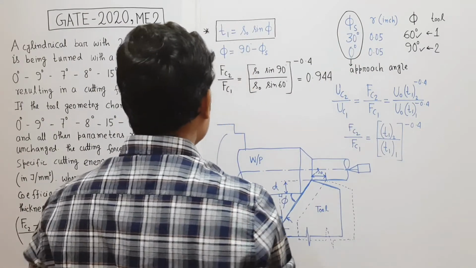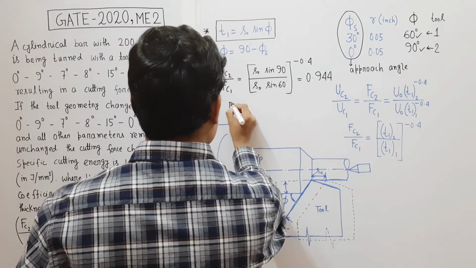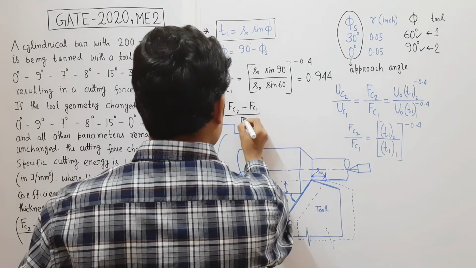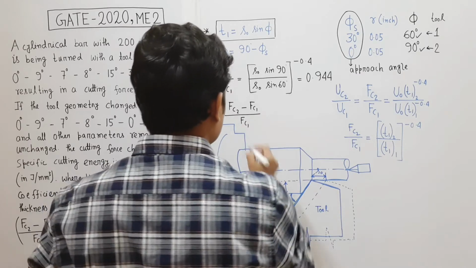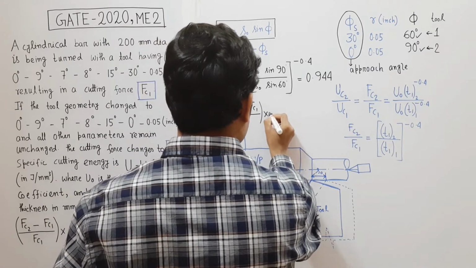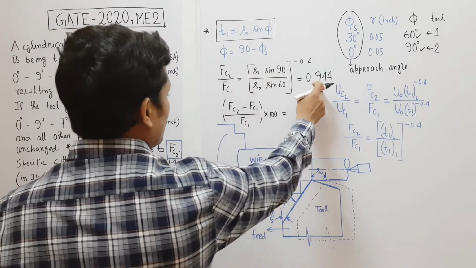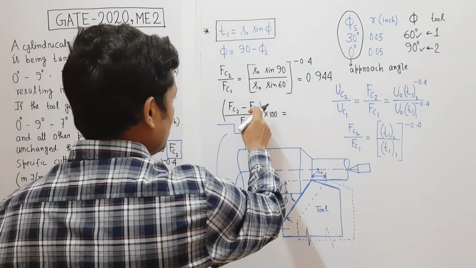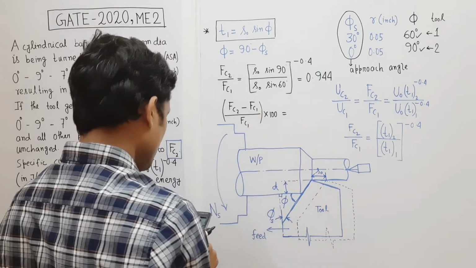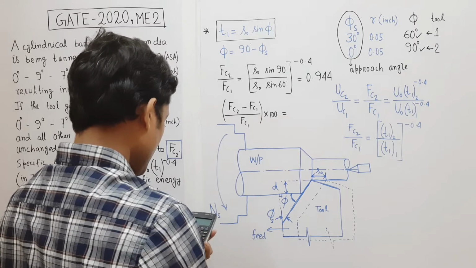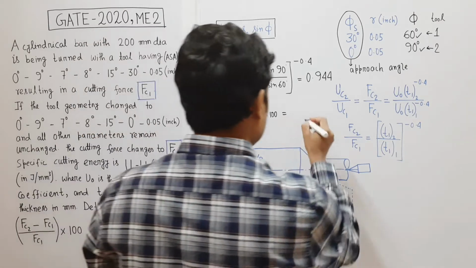Now we have to determine FC2 minus FC1 by FC1 into 100. So that will be what? FC2 by FC1 is this, minus 1, since FC1 by FC1 is 1, into 100.